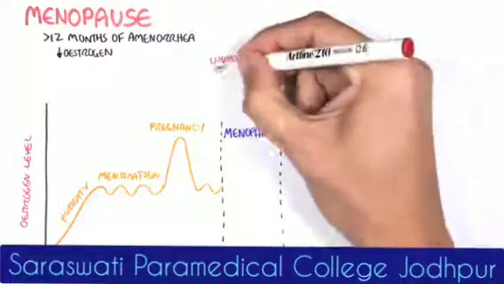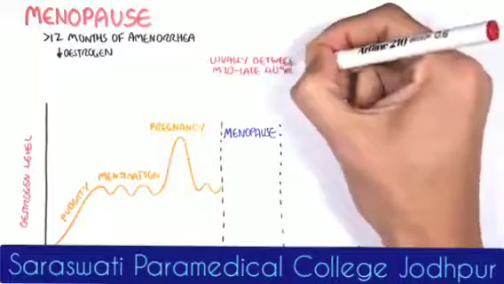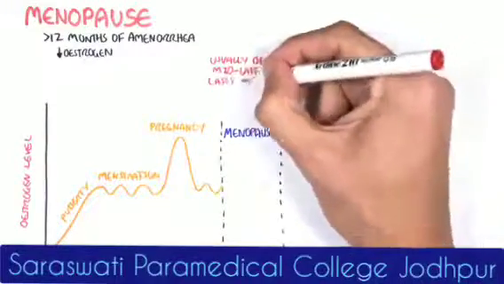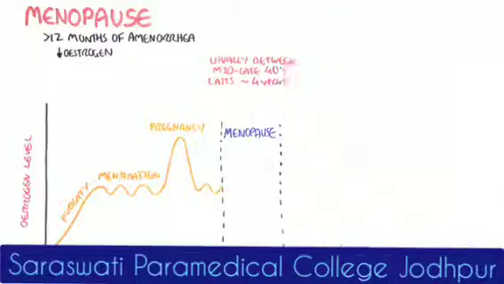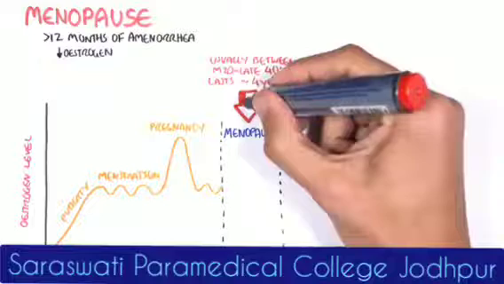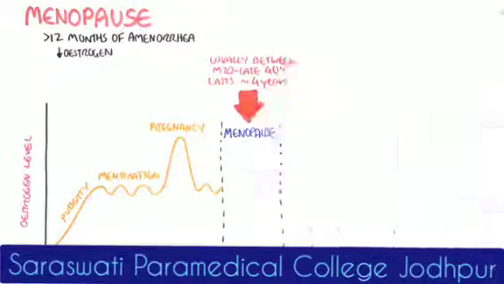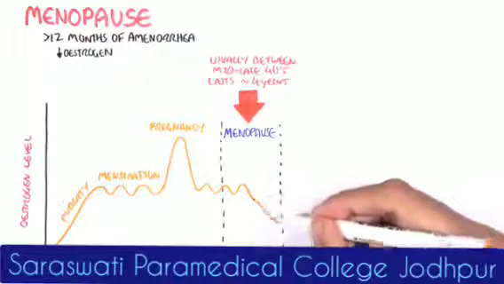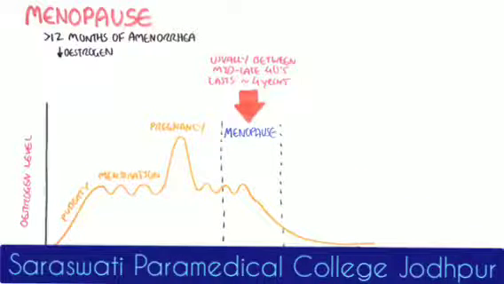Menopause usually occurs between the mid to late 40s and lasts for about 4 years. In early menopause, the estrogen concentrations are relatively stable. However, towards the end of menopause, you have a drop in estrogen concentration.